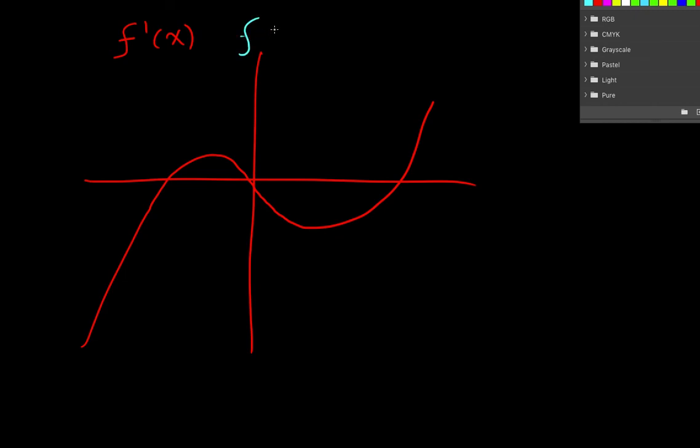Okay, so we'll graph in blue the original function. Okay, so these points where we cross the x-axis are going to be local minima or maxima. So if we have a negative slope and then a positive slope, that means we're going down, then up.